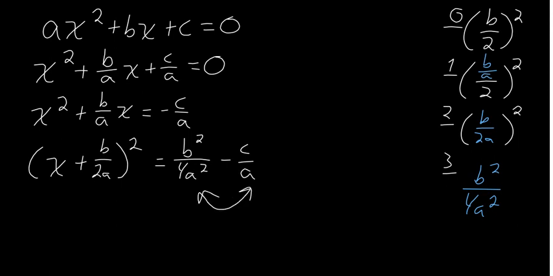I moved positions. Okay, so this one right here, I want to get a common denominator. I have an a for a denominator and a 4a squared. So I need to multiply this fraction by a 4a in the denominator. If I do that in the denominator, I need to do that in my numerator, 4a.